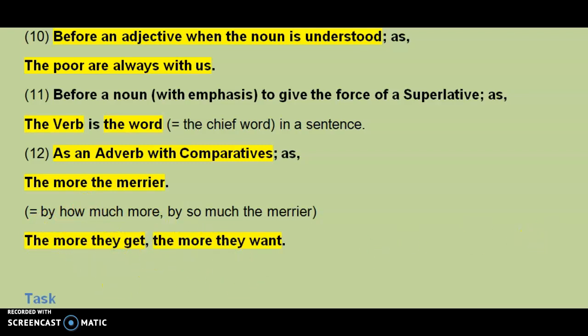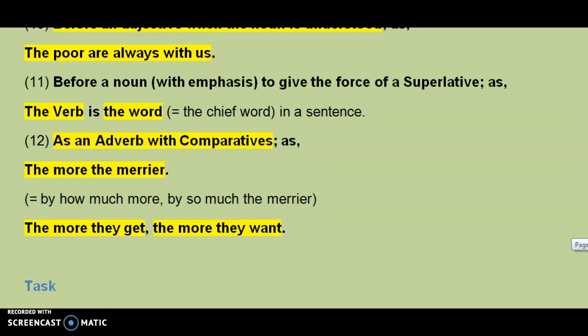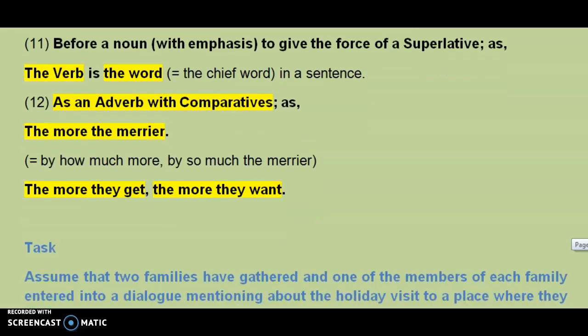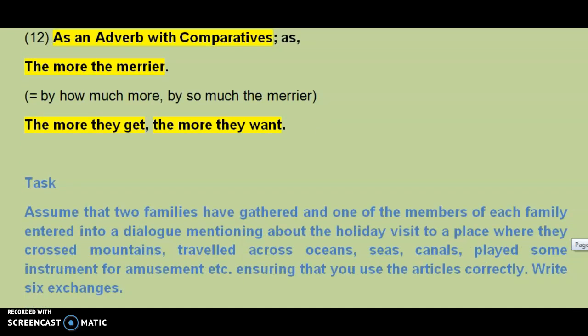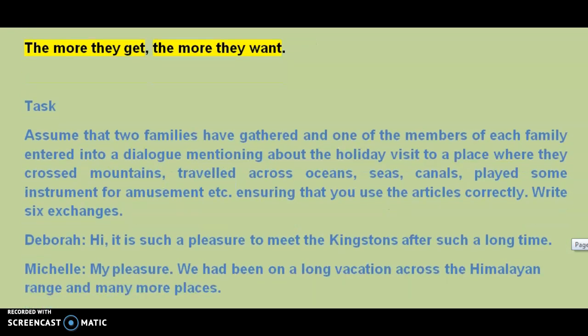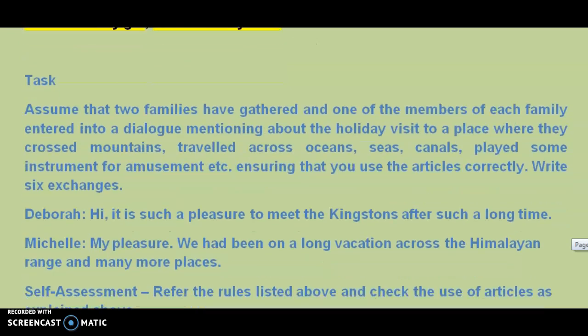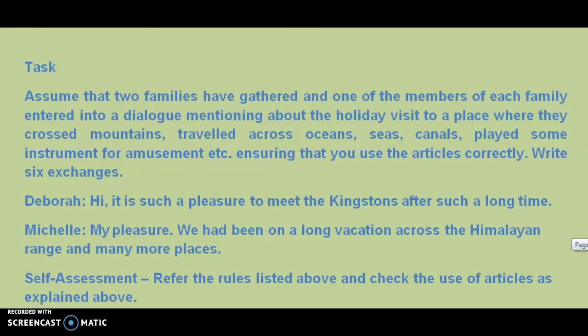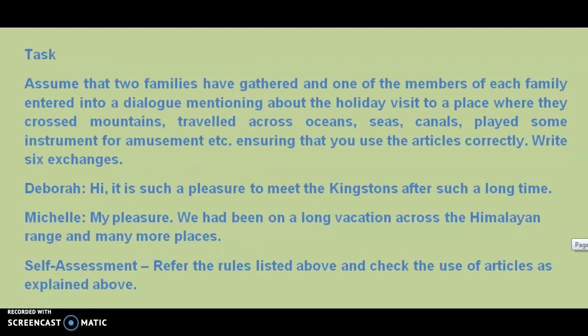After understanding and recollecting all the rules of the definite article, the, let us work on a task. Assume that two families have gathered and one member of each family enters into a dialogue mentioning a holiday visit to a place where they crossed mountains, traveled across oceans, seas, canals, and played some instrument for amusement, ensuring that you use the articles correctly.